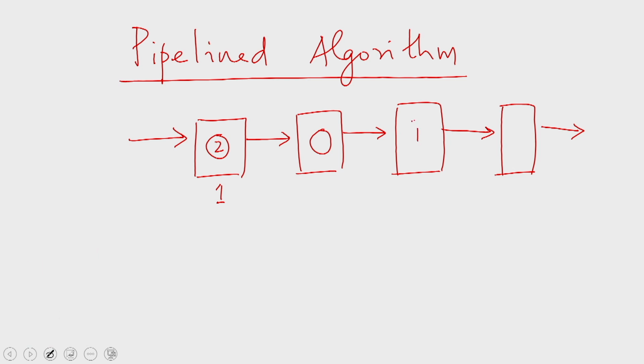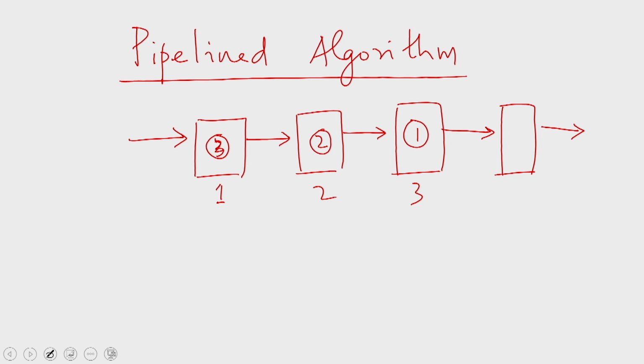The first part of the data, when it reaches the third component, the second part of the data would have reached the second component, and the third part of the data would have reached the first component of the algorithm. So, the data pulses through the components of the algorithm in this fashion. Therefore, we get a speed up.